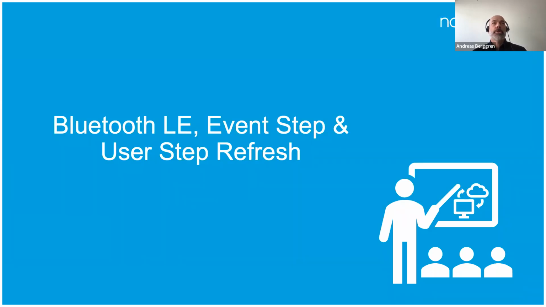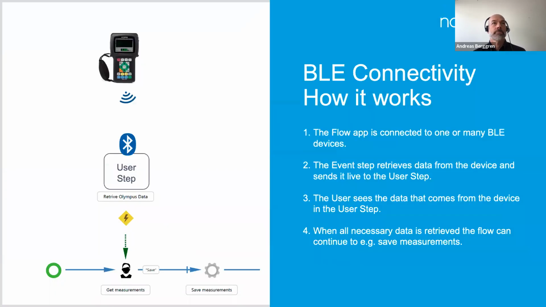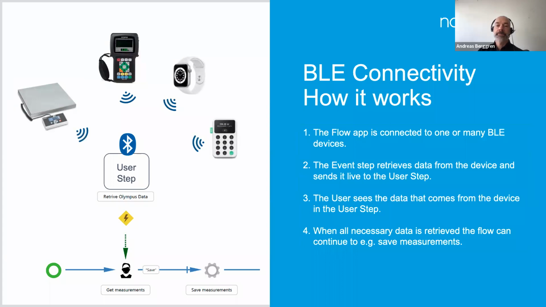Next up, Bluetooth LE, event step, and user step refresh. Bluetooth connectivity, how it works. So the Flow app is connected to one or more Bluetooth devices.